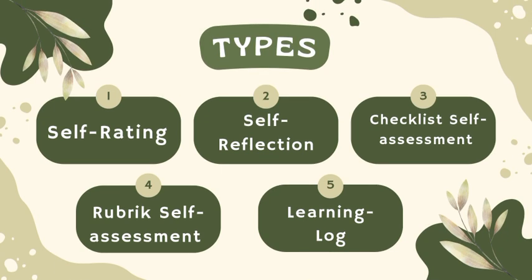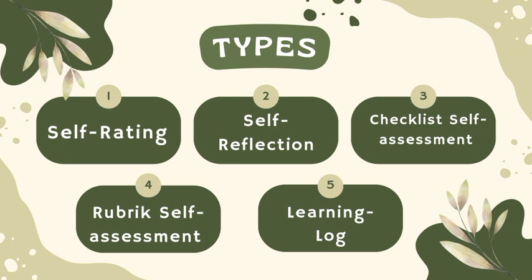The next is types of self-assessment. 1 is self-rating. Students provide numerical or descriptive assessment of their achievement. 2. Self-reflection. It means students write reflection on their learning experience. 3 is checklist self-assessment.